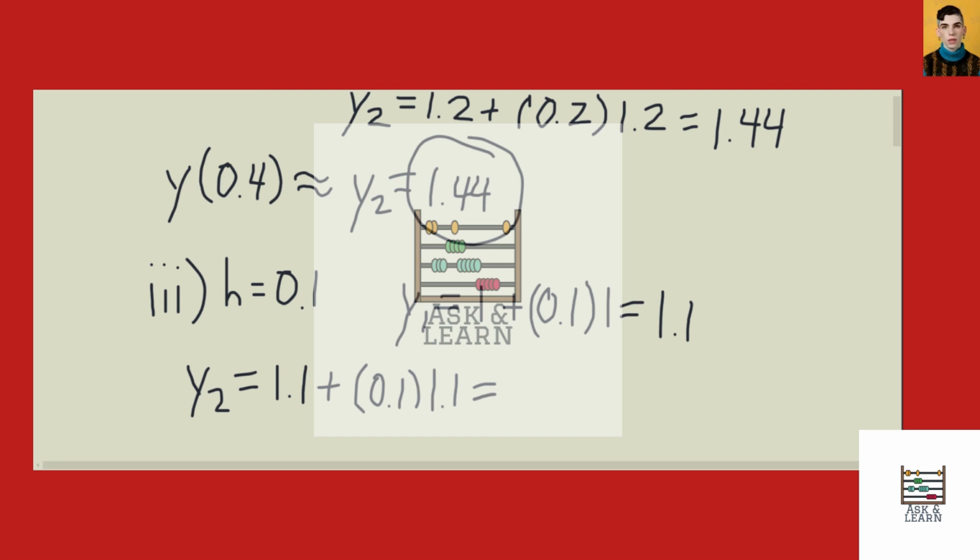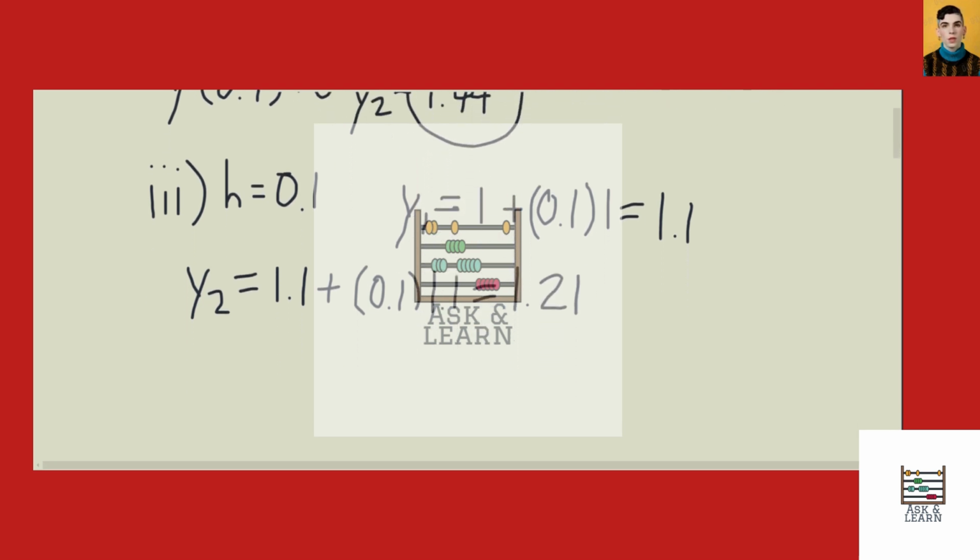This is equal to 1.1 plus 0.1 times 1.1, which is equal to 1.21. y3 is equal to y2, or 1.21, plus our step size times the value of the function y at the point 0.2, 1.21, which is going to be 1.21.